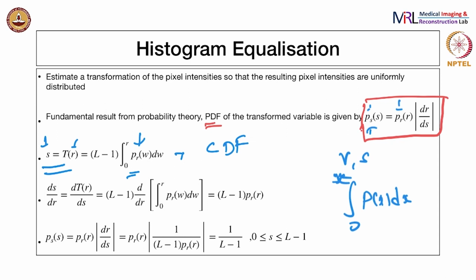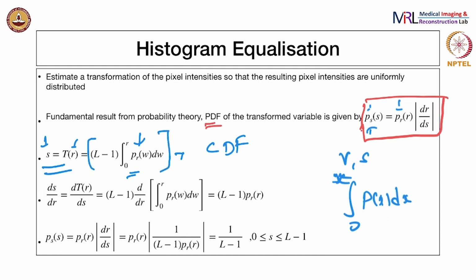If you consider this transformation, we can show that it is continuous and differentiable for all pixel values of interest. If you put it in this form, with L minus 1, where there are L levels, this is the function. We are claiming that this function does the job for us.